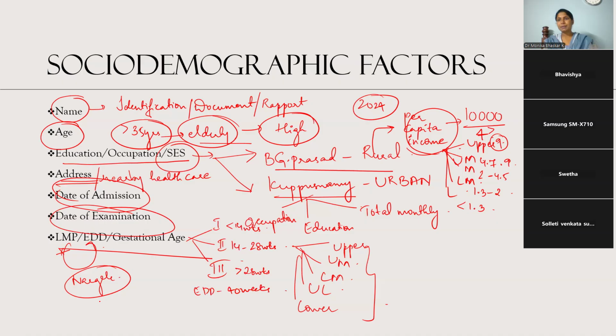Whenever there is an IVF patient who conceived out of an embryo transfer, you have to take the date of ET, that is embryo transfer, plus 266 days. So 266 days will give her expected date of delivery, corresponding to 40 weeks of gestation.